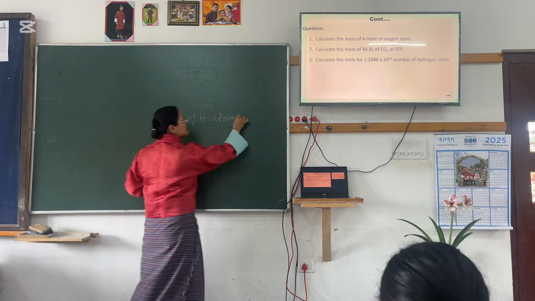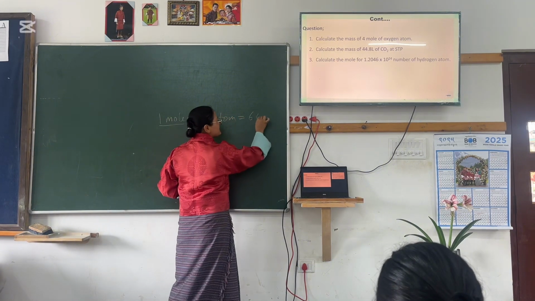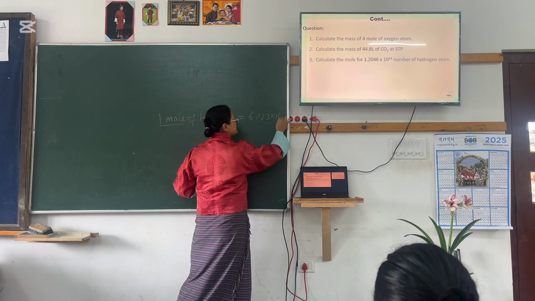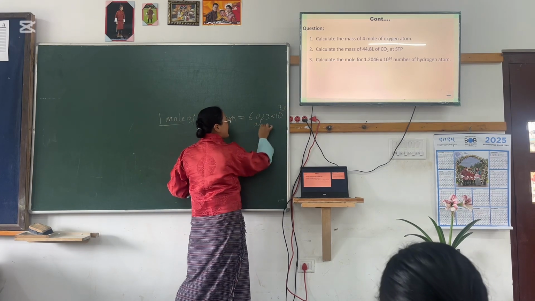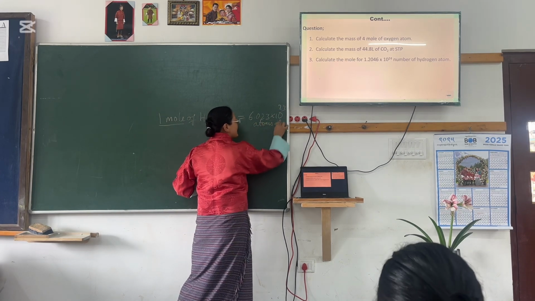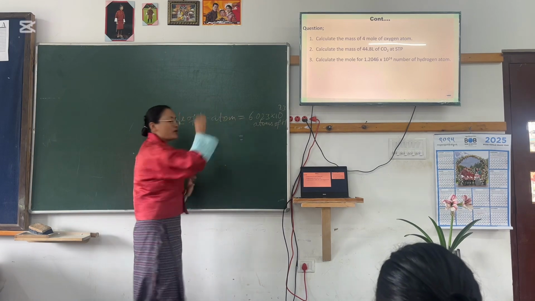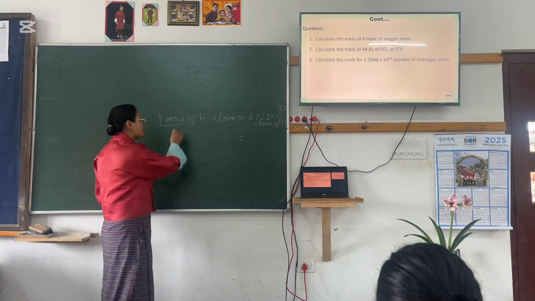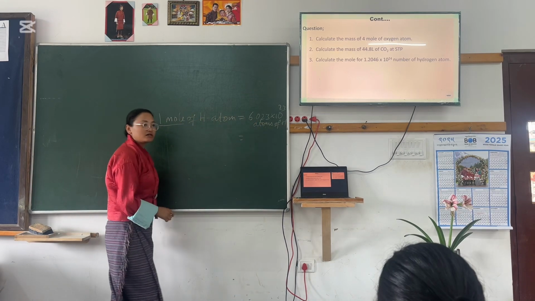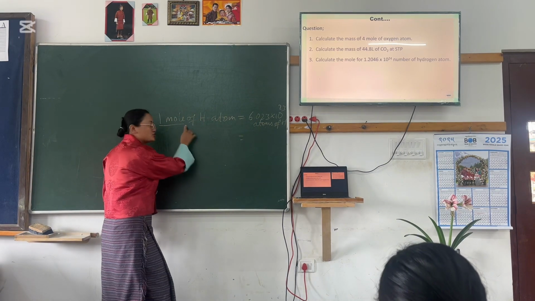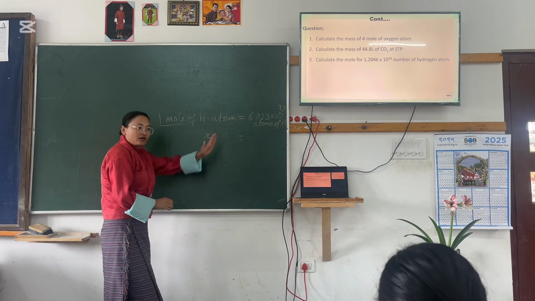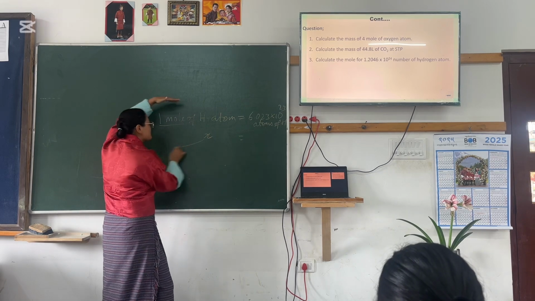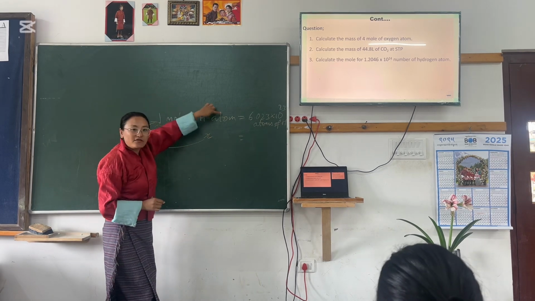Mole in terms of atoms is 6.023 times 10 to the power 23 atoms of hydrogen. So where will you put your X? What is the question asking you to find, moles or atoms? Moles is on the left-hand side here, so your X should be on the left-hand side. This X means you are finding moles of hydrogen atoms.